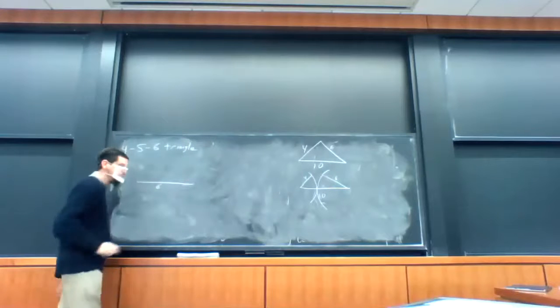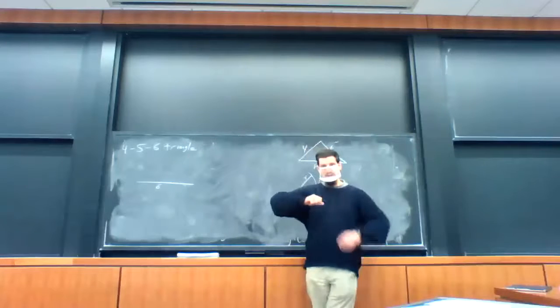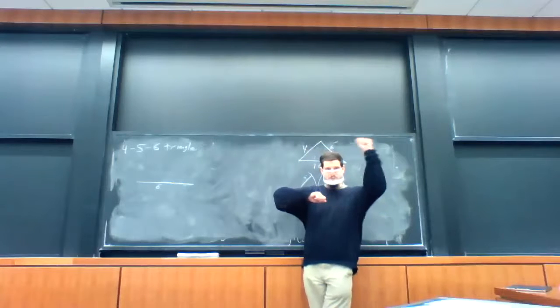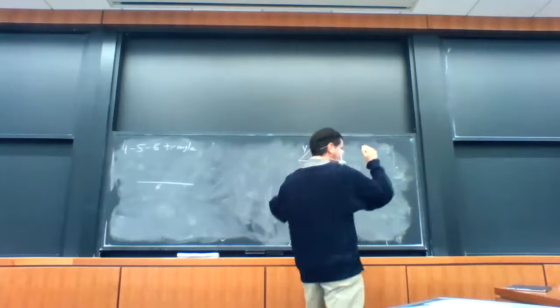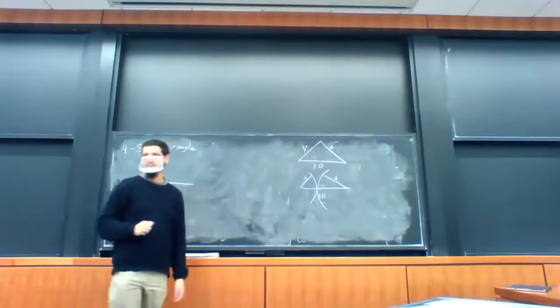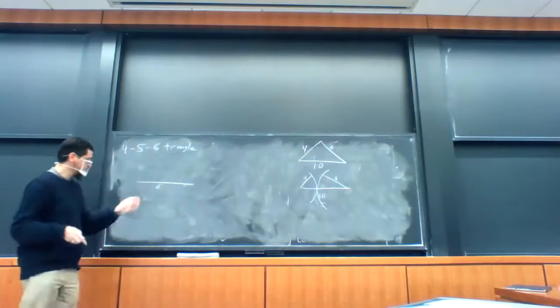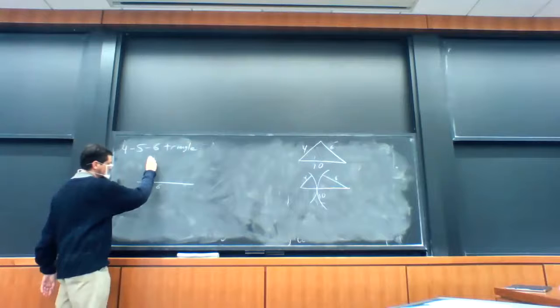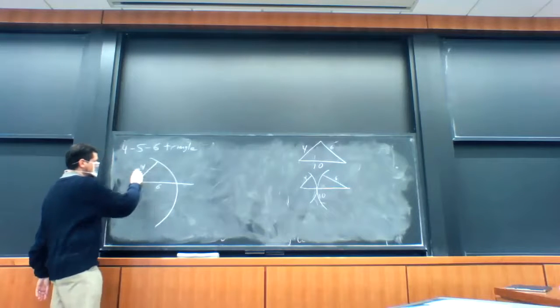Without loss of generality, I might as well assume my side 6 is at the bottom, if you're oriented that way. And then one vertex, 4 is going to come out of that, and then the other one, 5 is going to come out of that. And if you don't like the way I've done things, we'll just rotate you 180 degrees and flip. And then it will match the way you have it. So I might as well assume 4 is coming from this one. And so I draw a circle of radius 4.